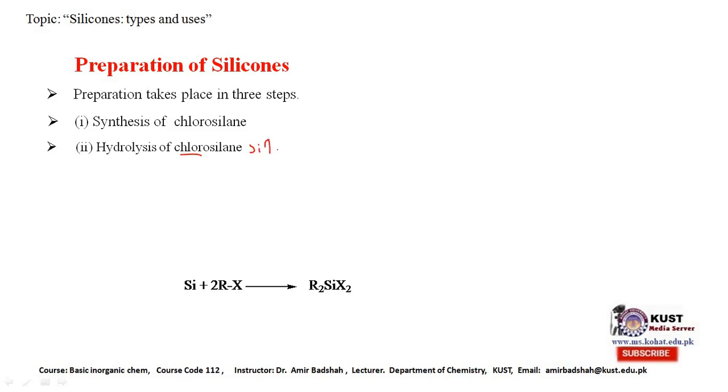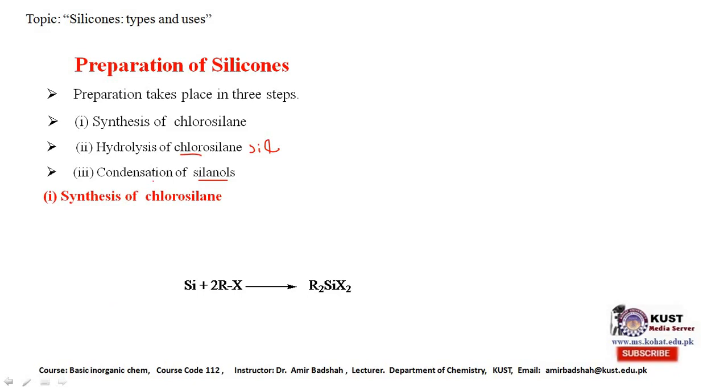In the third step, the condensation of silanol takes place. So we first prepare the chlorosilane, in the second step hydrolysis of the chlorosilane forms silanol, and in the third step condensation of the silanol will take place to give us silicones.